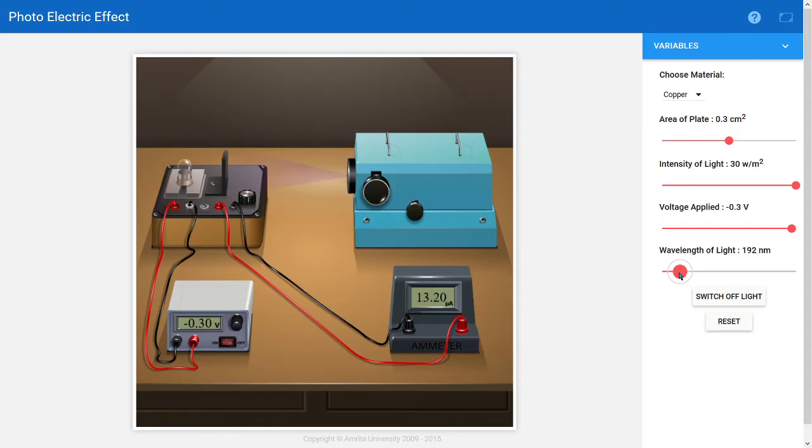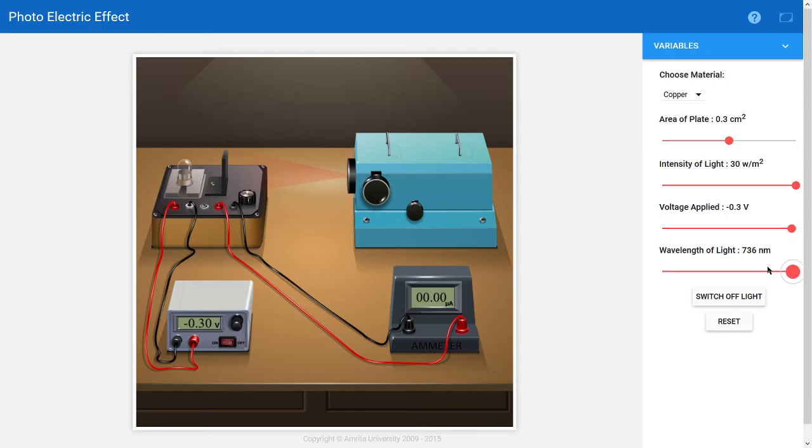There is a shift from violet to red, through blue, green, yellow, orange, red, 750 infrared.